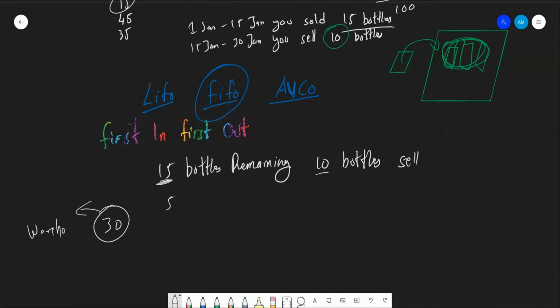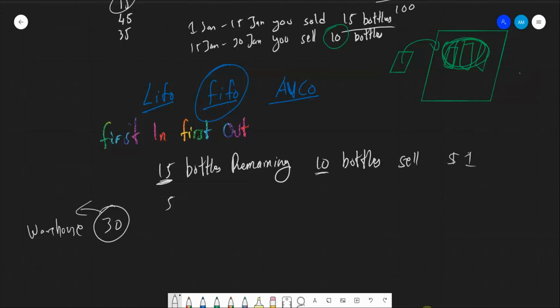They're not going to come up to the shelf. So that's how FIFO works. If you were going to value it, these 10 would be valued at $1, right? I hope it's making sense.